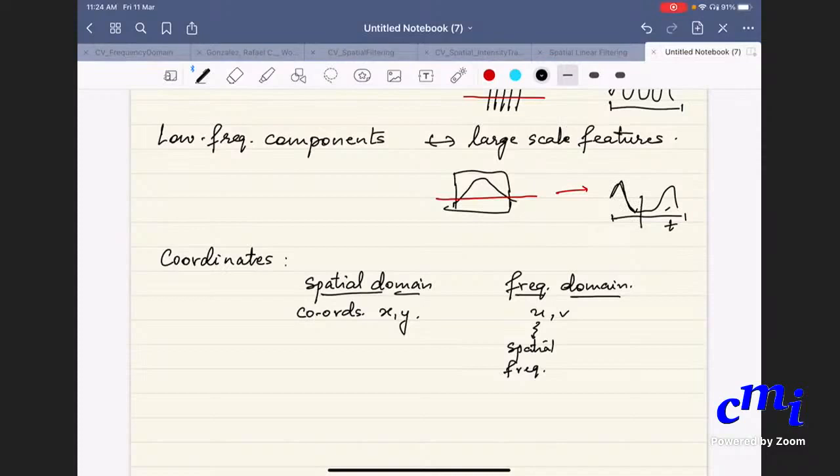That is the measure of the spatial frequency. In fact, v is also the same in the other direction. So u and v are both nothing but measures of the rate of change of intensity.